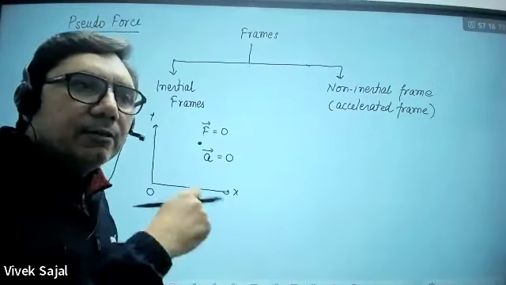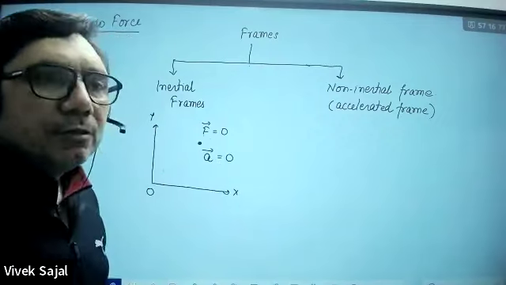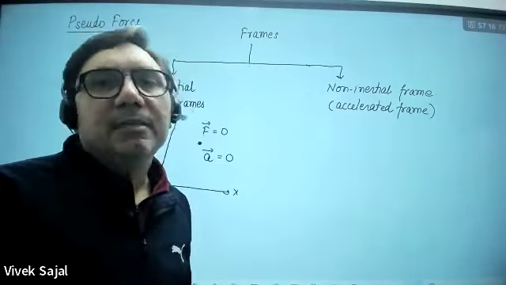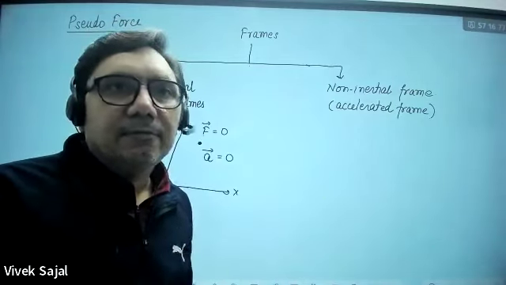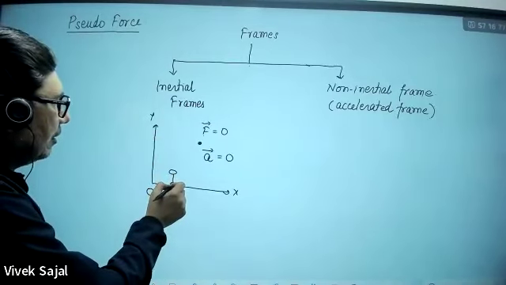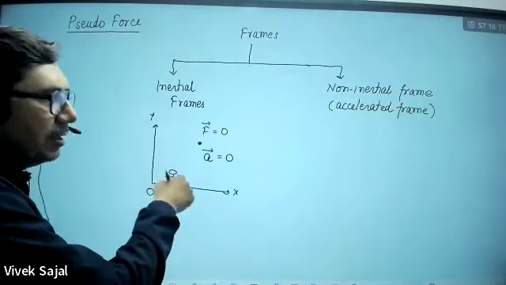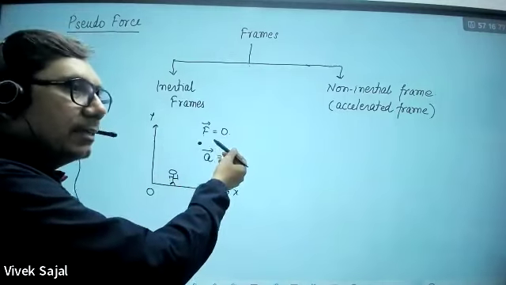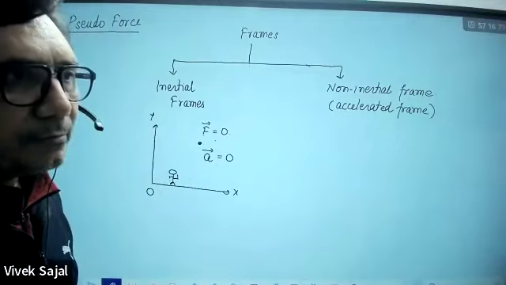In that case, it will continue to move with the constant velocity and acceleration will be zero. So this type of frame in which net force is zero and acceleration is zero will be called an inertial frame. If the observer in the frame sees that net force on it is zero and acceleration is zero, then you are going to say this frame is an inertial frame.